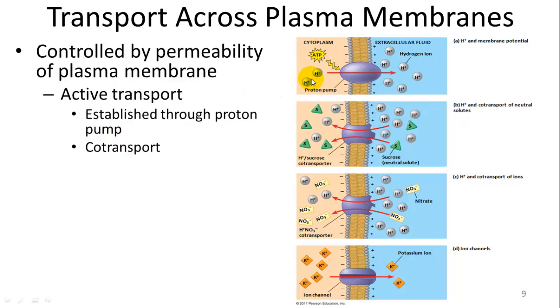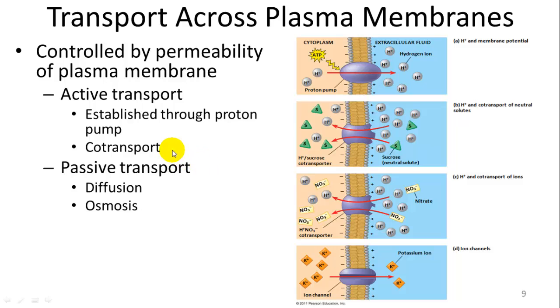So it uses ATP to create a gradient and put protons on the extracellular fluid. Well, now you have a concentration gradient, and these hydrogen ions want to go back into the cell, and we can take advantage of this by having a co-transport system, where as hydrogens pass through, we can pass other molecules such as neutral solutes or ions.